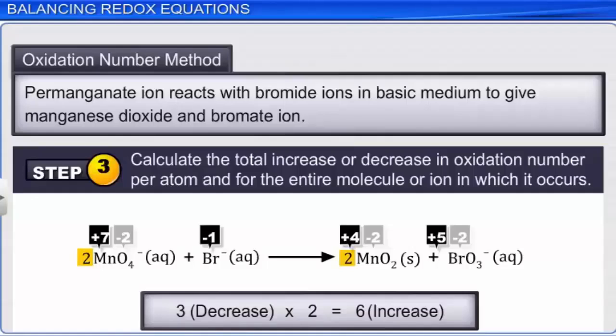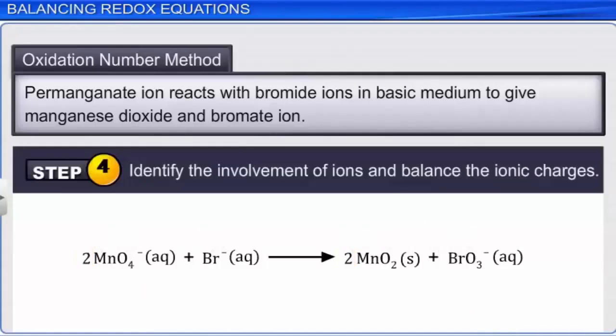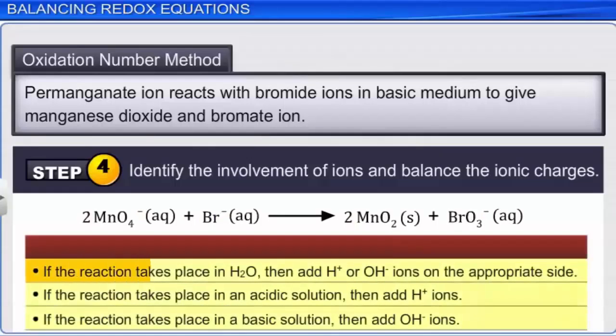Now, let's come to the fourth step. Identify the involvement of ions and balance the ionic charges. If the reaction takes place in water, then add H plus or OH minus ions on the appropriate side, so that the total ionic charge of reactants and products is equal.